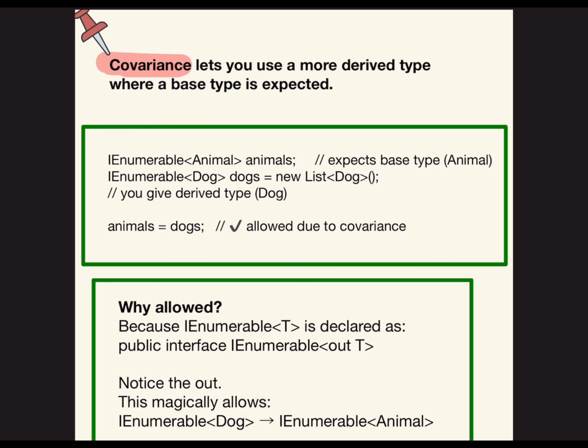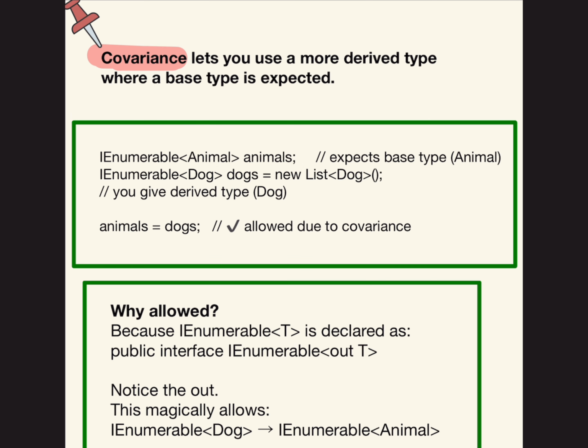What is covariance? Covariance lets you use a more derived type where a base type is expected. Say IEnumerable of Animal equal to new IEnumerable of Animal, so this is base and this is base, that I can do. But covariance lets you use a more derived type.